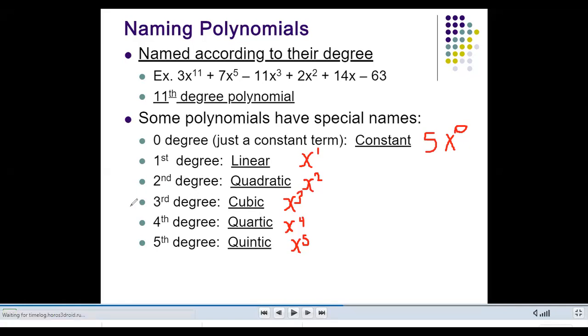Fourth degree, quartic. Fifth degree, quintic. We have to memorize the names. After the session, you will find this presentation and you can watch the video again to take notes and memorize the names.